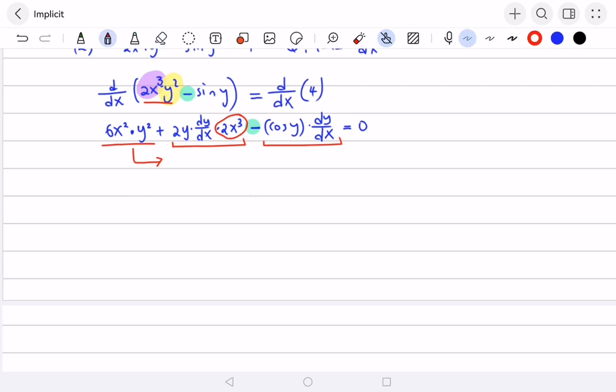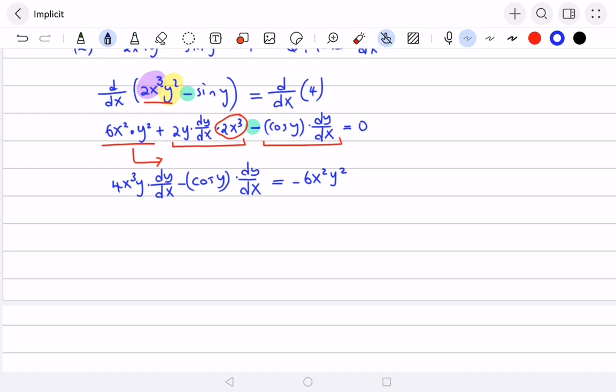So that will give us 4x cubed y multiplied by dy over dx, minus cos y multiplied by dy over dx, equals minus 6x squared y squared, right? Minus 6x squared y squared.